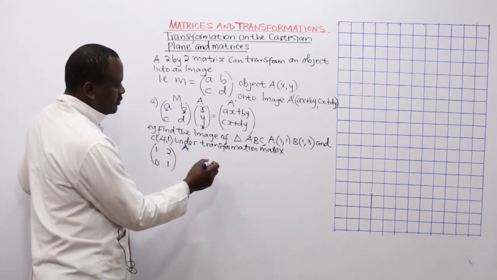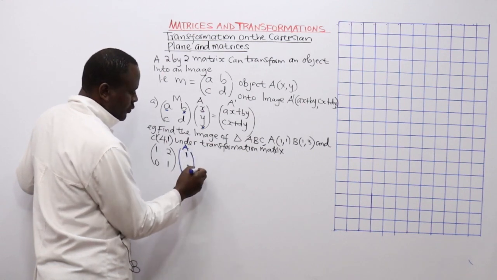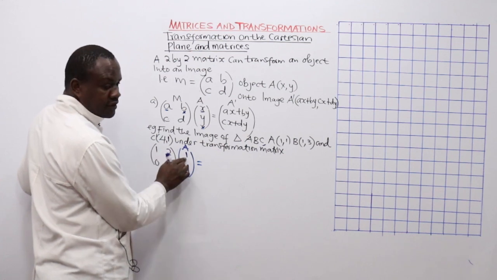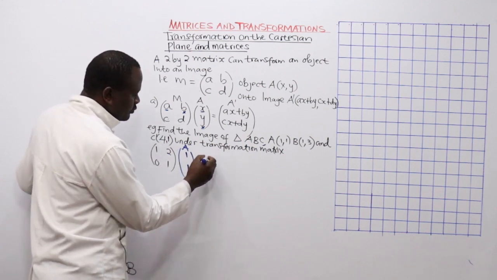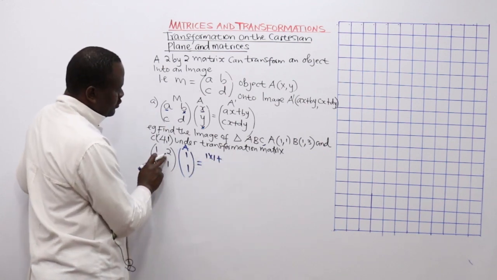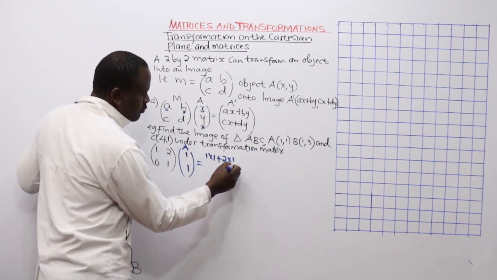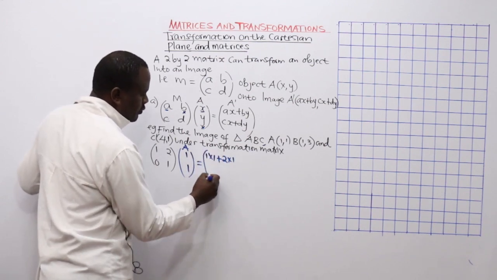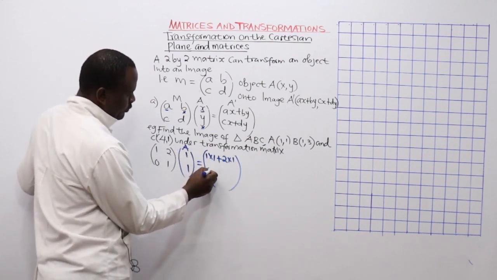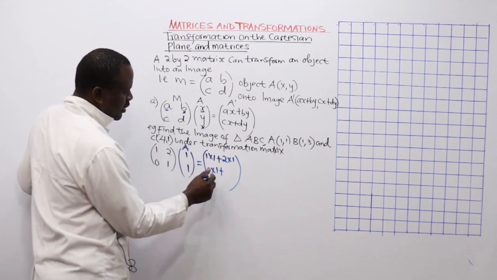A is 1, 1. 1 times 1 is 1, plus 2 times 1. 0 times 1 plus 1 times 1.